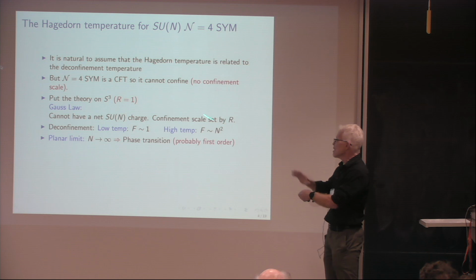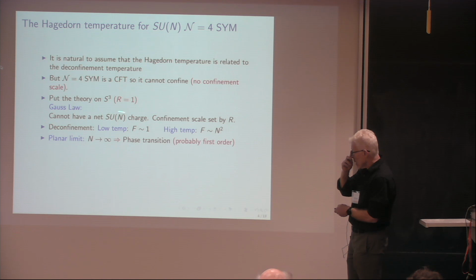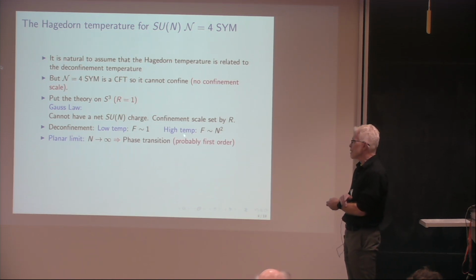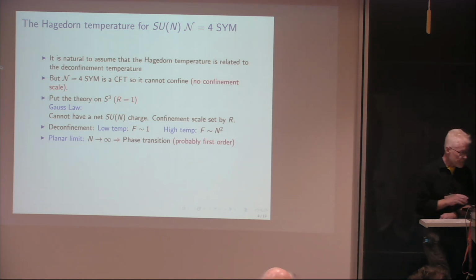In a sense, the radius of the S3 sets the confinement scale. At low temperatures, the free energy will be of order 1, but at high temperatures, the free energy scales as N squared, and in the large N limit there's a sharp transition between the two, and this transition is almost certainly a first order phase transition.